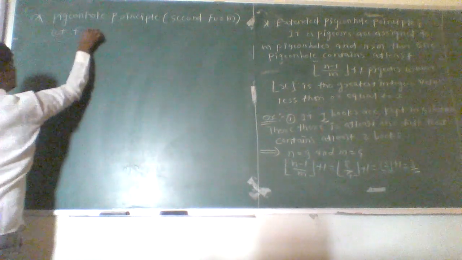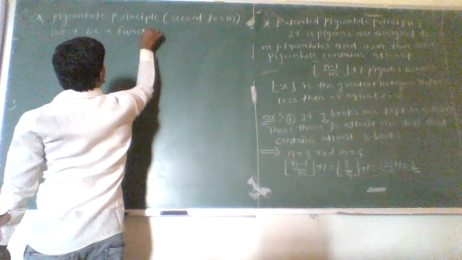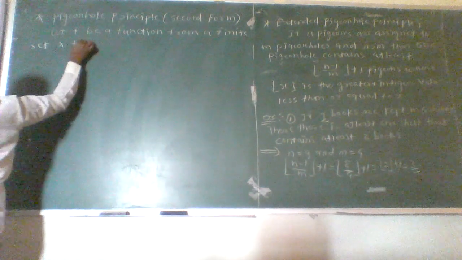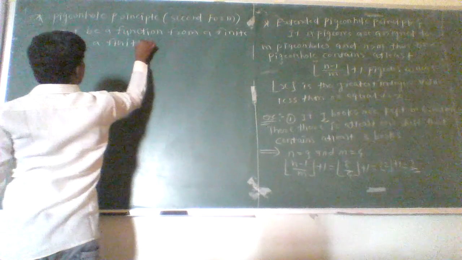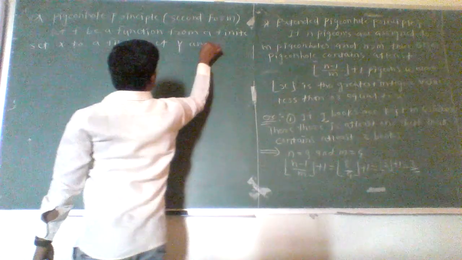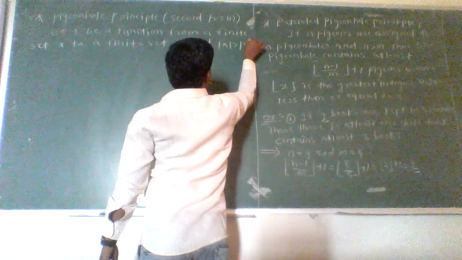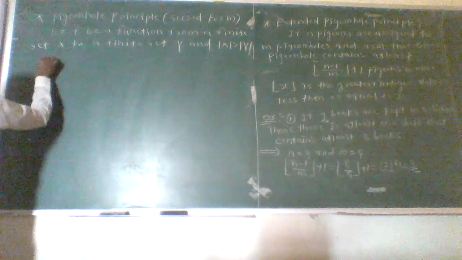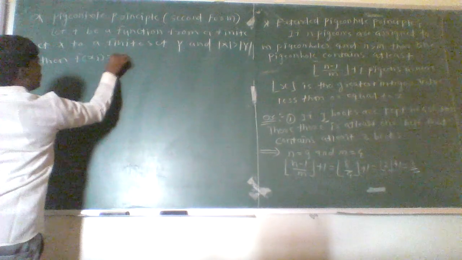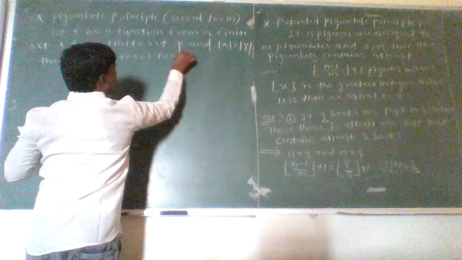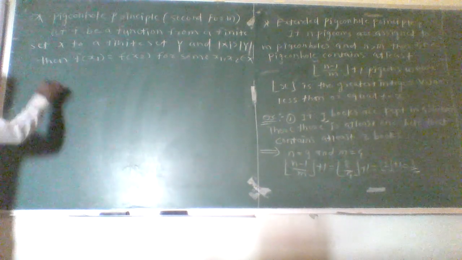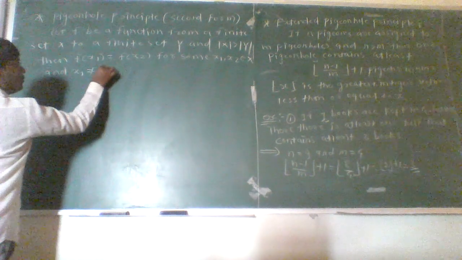Let f be a function from a finite set X to a finite set Y, and the cardinality of X is greater than the cardinality of Y. That is, the set X contains more elements than the set Y. Then f of x1 is equal to f of x2 for some x1, x2 belonging to X, and x1 is not equal to x2.